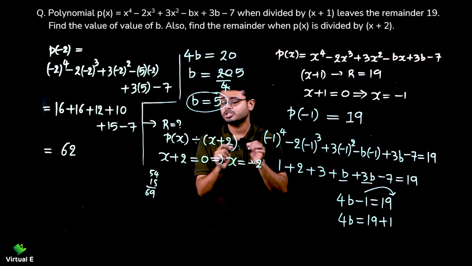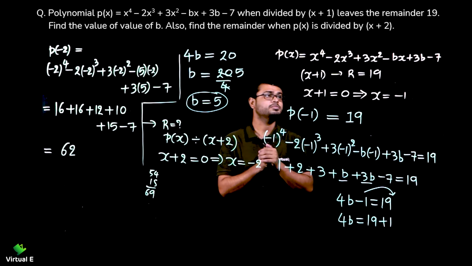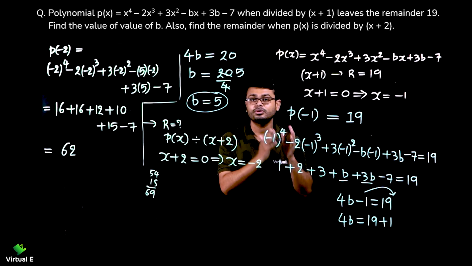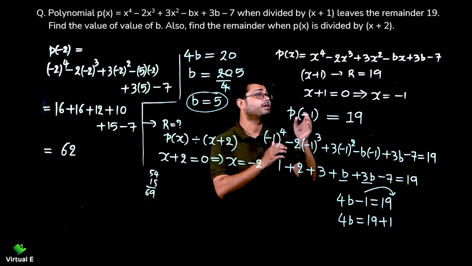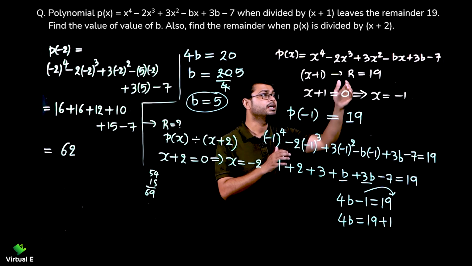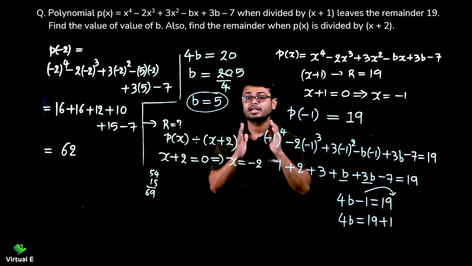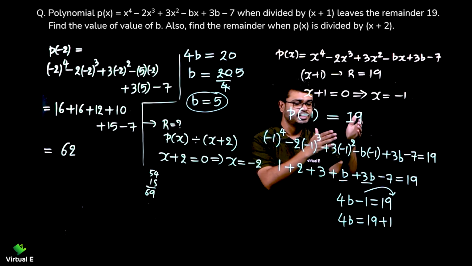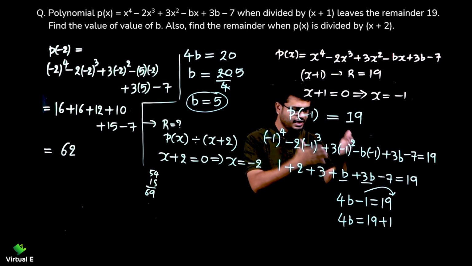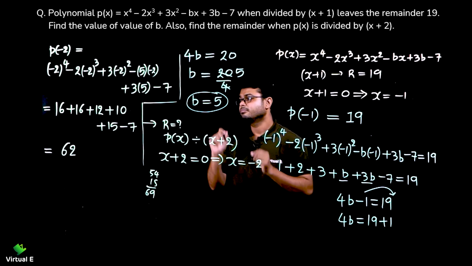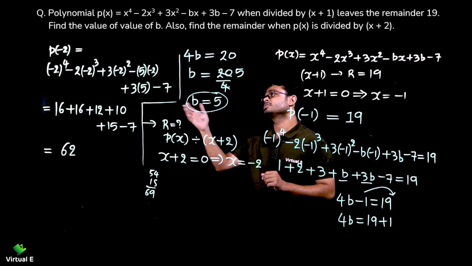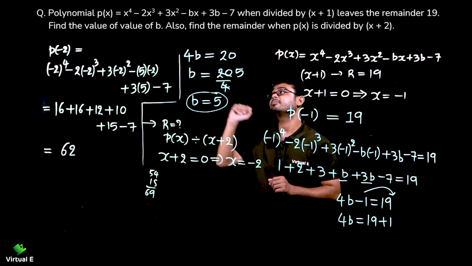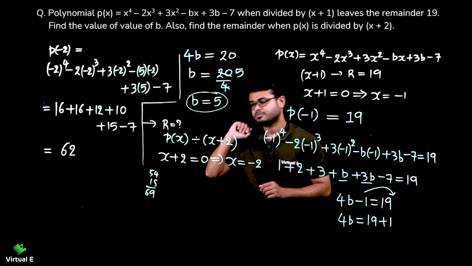So this question was made up of two parts. First part, we need to find the value of unknown, which is b in this case, while we divide by x plus 1, and remainder is also given, which is 19. So we divide it, we have the remainder 19, substitute the values and get the value of b. Then afterwards we need to get the remainder when we divide by x plus 2.